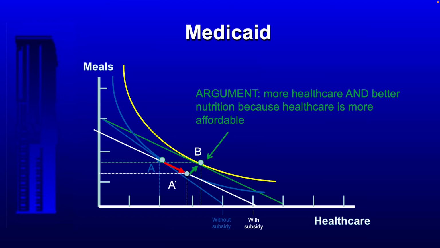In other words, they're going to have better health care and better nutrition. The ultimate goal is that people will consume more of both, and that will cause them to be diagnosed for diseases more rapidly before the diseases become too expensive to treat. And that's become a real problem in poor areas where there has been little or no subsidy for Medicaid.